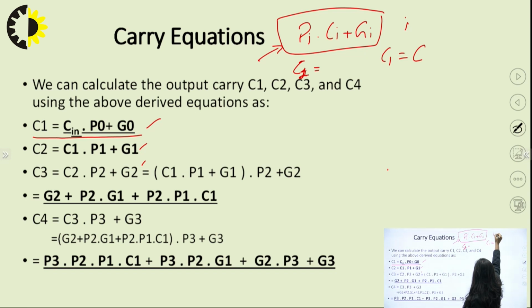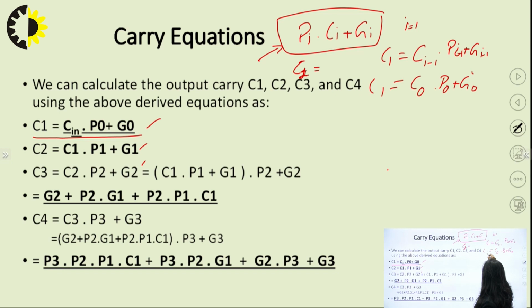Again, we can say C1 is equal to, if i is 1, then Ci minus 1 dot Pi plus Gi. Here I am putting the value of i as 1, so I can write C0 dot P0 plus G0. This would be the value of C1.